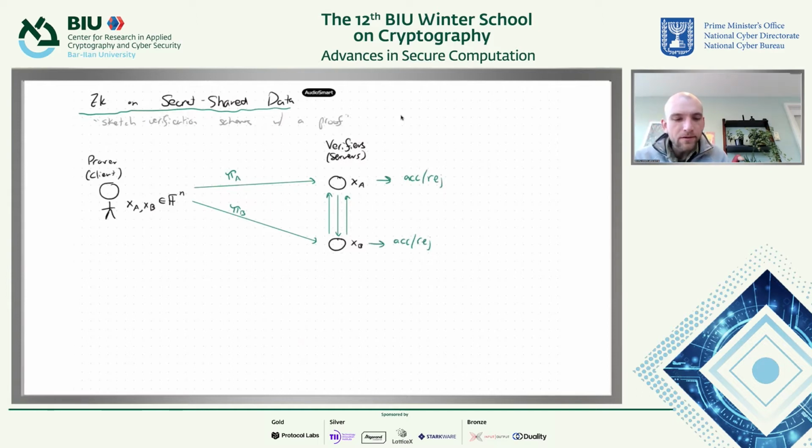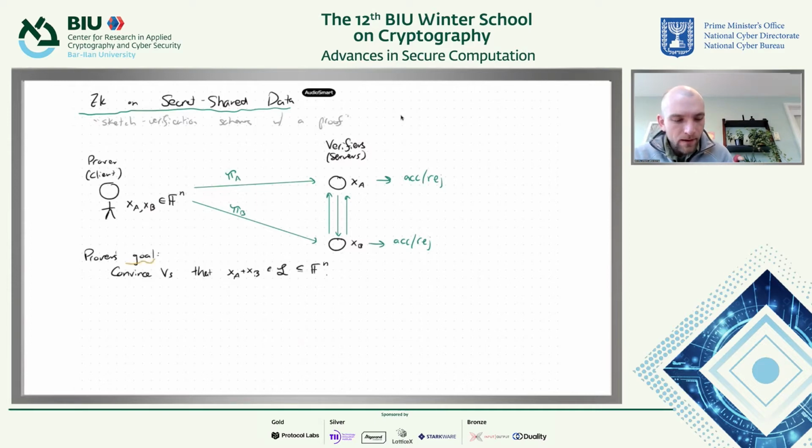So why is this relevant to what we were just talking about? Well, the prover's goal here is going to be to convince the verifiers that, in the specific case of secret shared data, the sum of their inputs is in some language that's a subset of all dimension n vectors in this field.